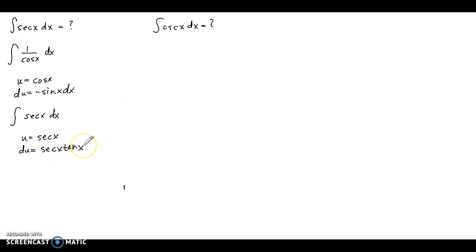So maybe I can add a factor of 1 that will help me get rid of this issue I'm having with the u substitution. I'm going to rewrite the integral of secant x dx as the integral of secant x times tangent x over tangent x.